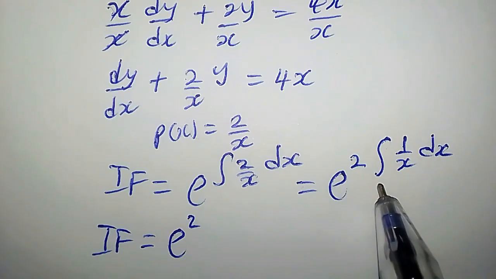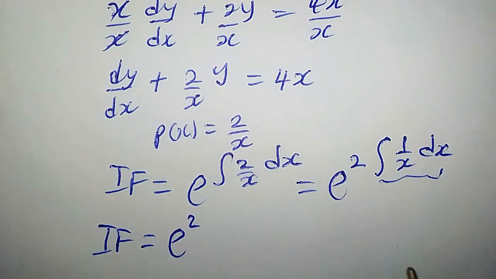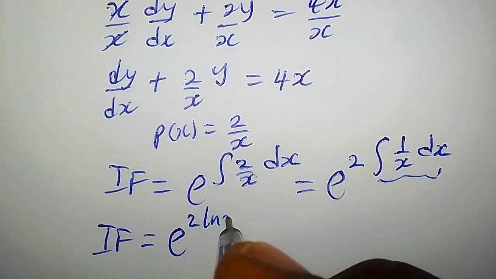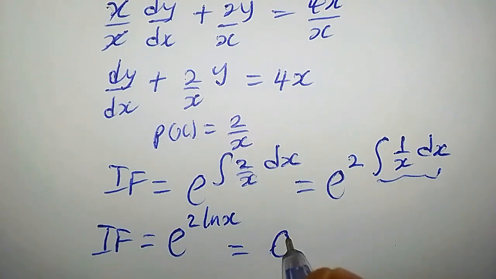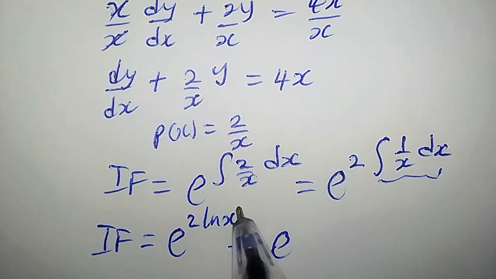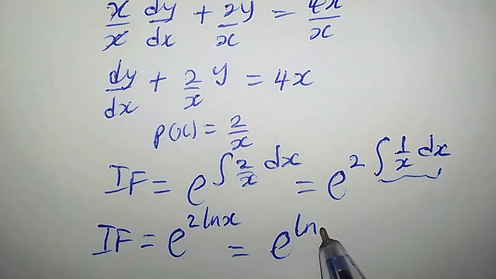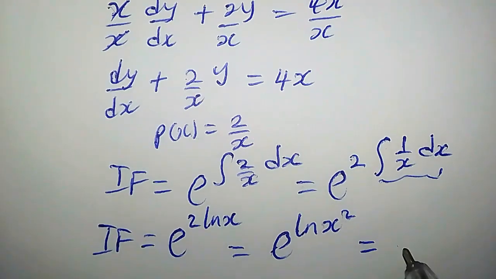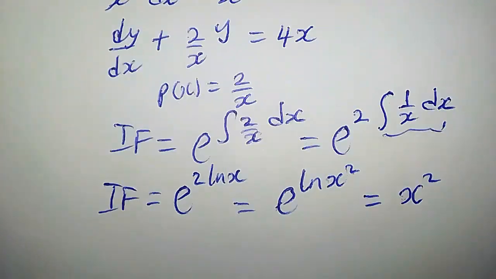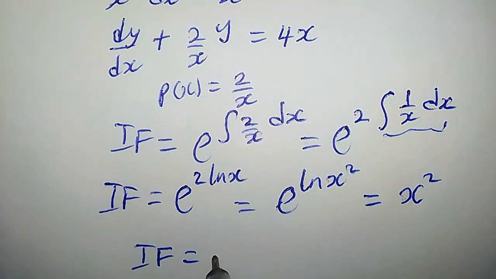Whenever we integrate 1 over x with respect to x, that gives ln x. This equals e to the 2 ln x. Suppose we move this 2 up, that is ln x squared, which gives x squared. That means IF is equal to x squared. So our integrating factor is x squared.